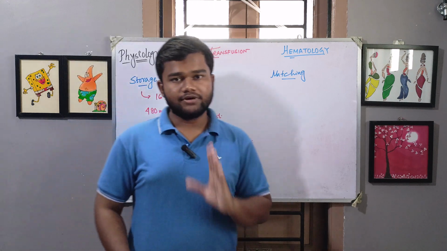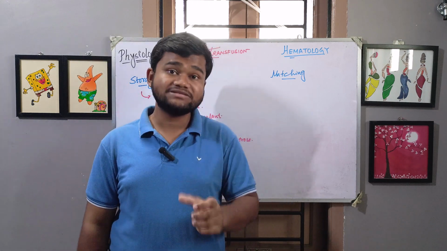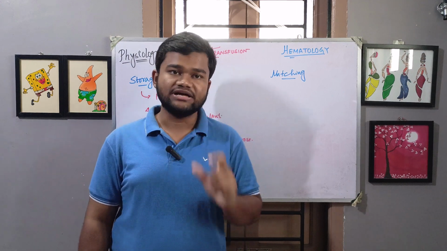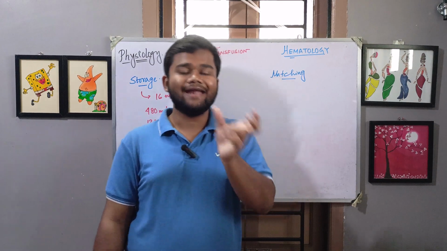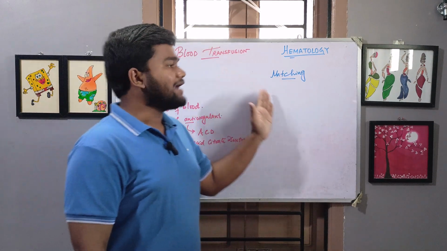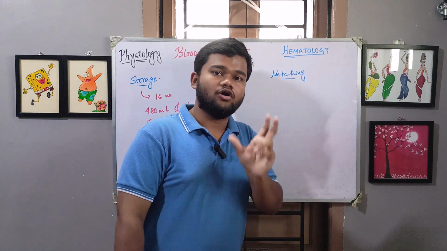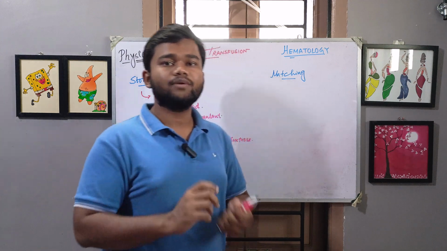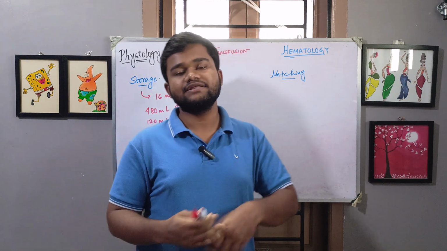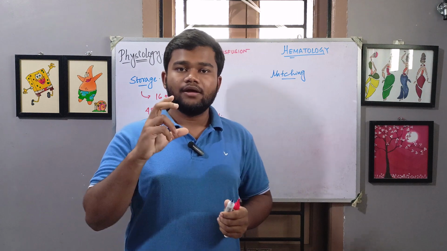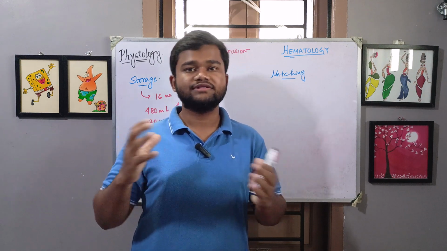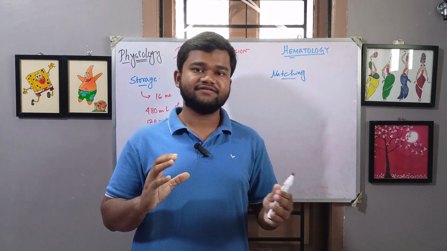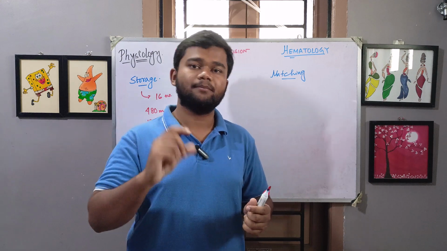Now, during blood transfusion, the major thing that needs to be judged is the matching of the blood between the donor and the receiver. What we match is the blood groups. The most preferable condition is when both the donor as well as the recipient have the same blood group.